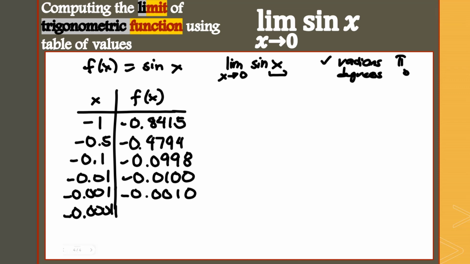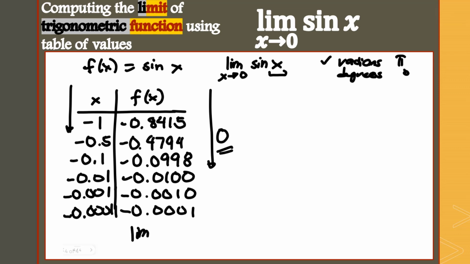So we'll have the same value of x and f of x, and then you will have the final form, -0.0001. As you can see, as x gets closer to 0, your f of x gets closer to a value which is also 0. In short, this is the limit of sin x as x approaches 0 from the left.